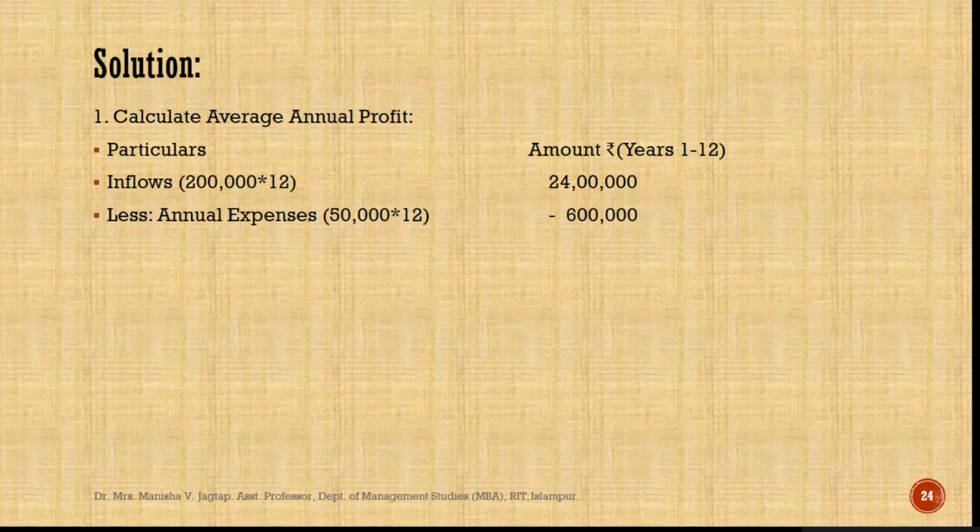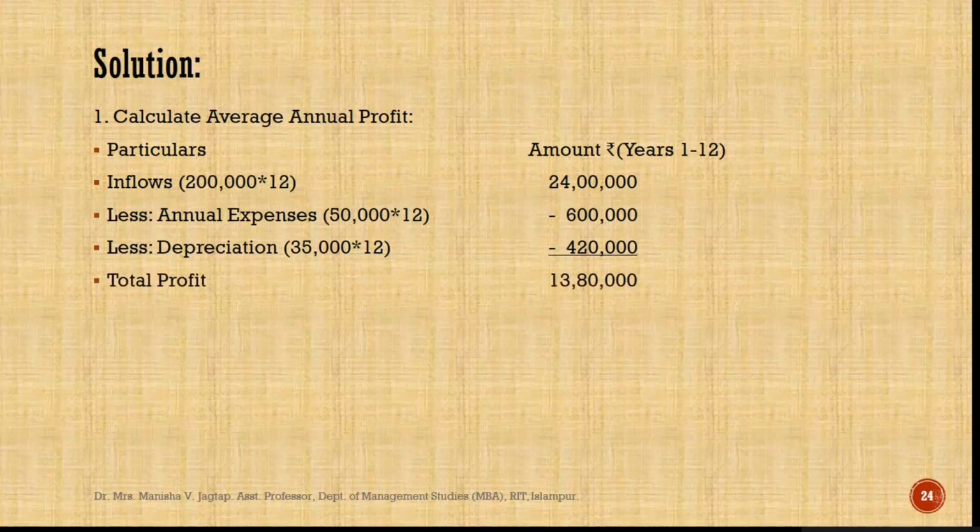So for 12 years, we have to spend 6 lakh rupees, less depreciation. First I have calculated depreciation, that is cost minus salvage divided by life. Then we arrive at 35,000 into 12, which will give you 4 lakh 20,000. So we arrive at total profit 13 lakh 80,000, which is the total of all the 12 years profit.